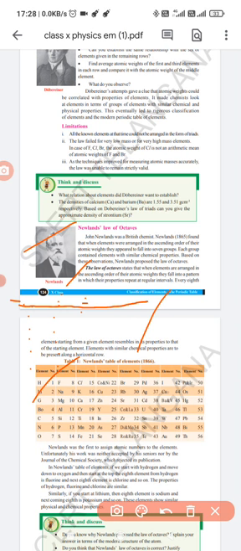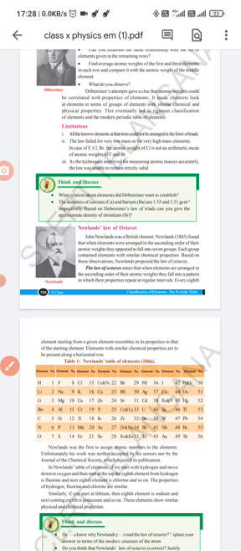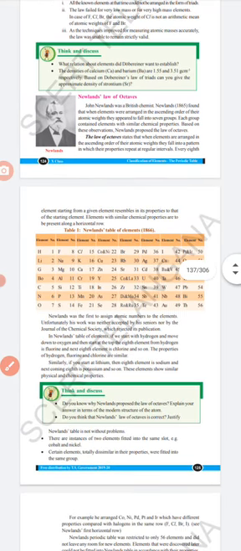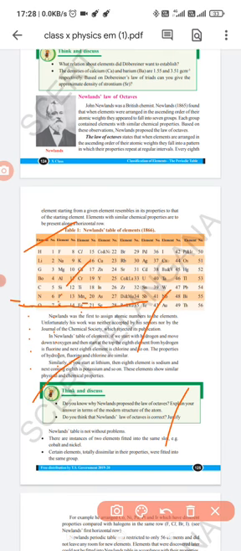We can ask whether Newlands' law of octaves has any limitations or not. Yes, Newlands' law of octaves also has limitations. Let us see the limitations of Newlands' law of octaves.